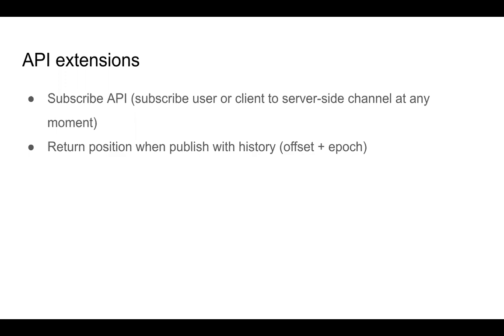For example, this actually arose from an issue on GitHub where a user asked for this because they needed to save the offset to their database after publishing a message to Centrifugo.